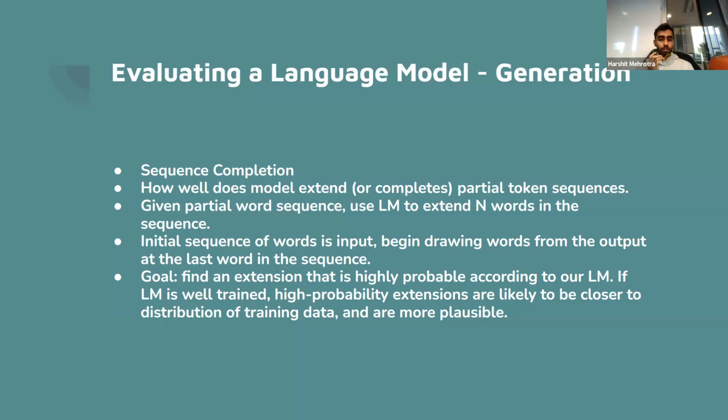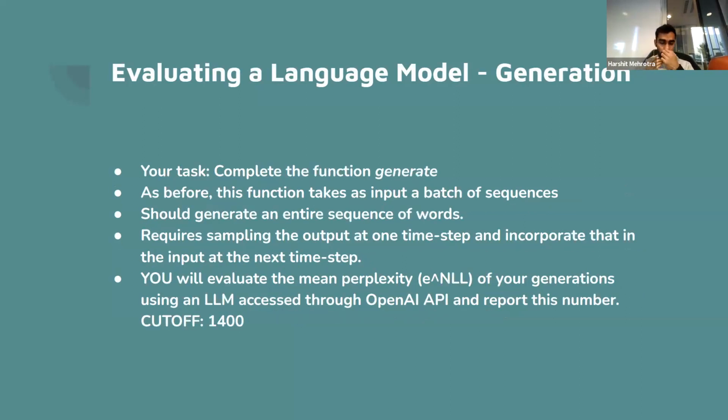How we will be evaluating generation is by feeding your generated sequences into a large language model and seeing the likelihood on that model. A large language model is trained on a lot of data and has millions of parameters, and is expected to generate language as close to natural English as possible.